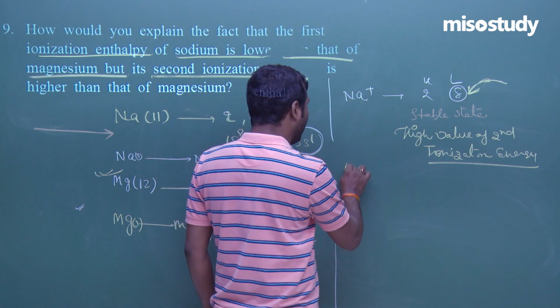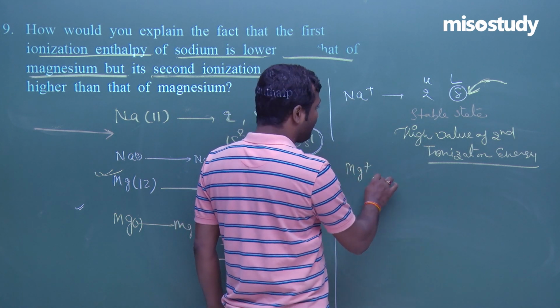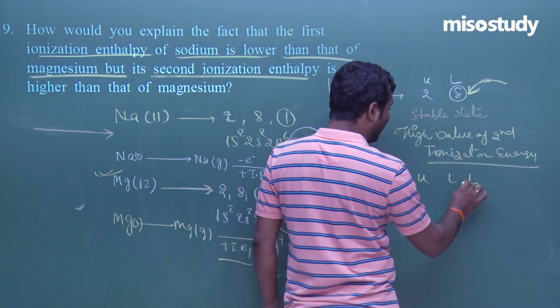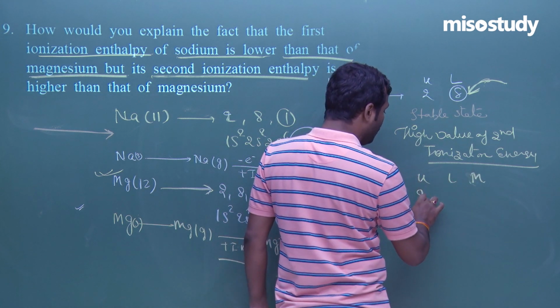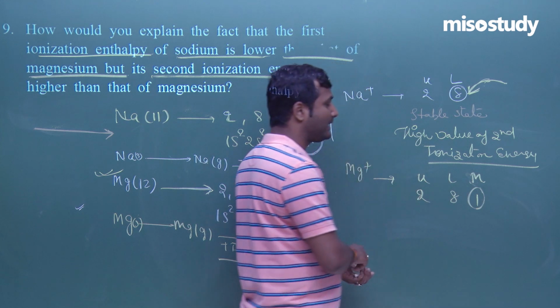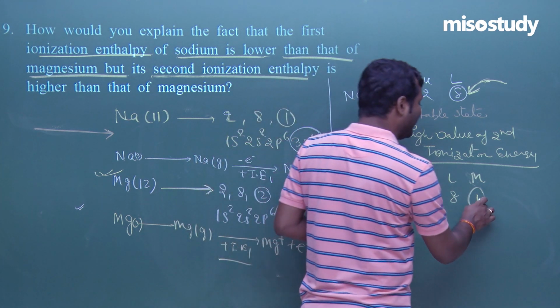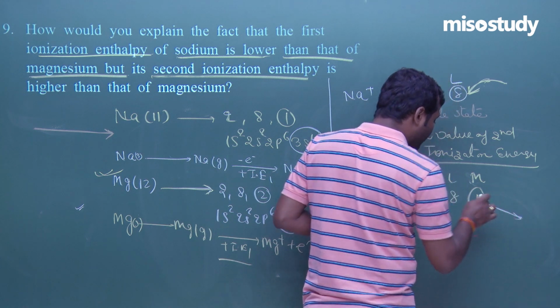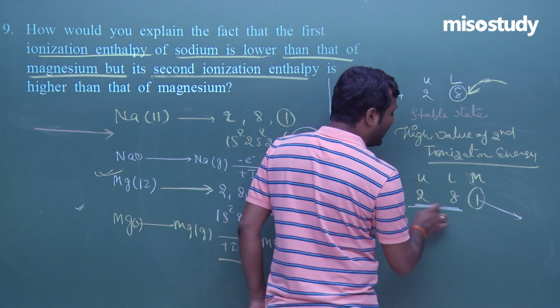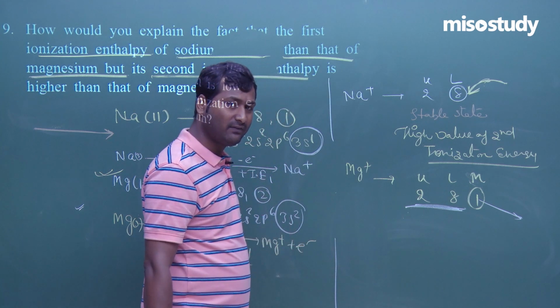But if I talk about Mg plus, it will now have K, L, M shells, 2, 8, 1. Clear to you? One electron is remaining in the outermost shell. Now we can easily remove this electron, because after that it will gain the stable electronic configuration.